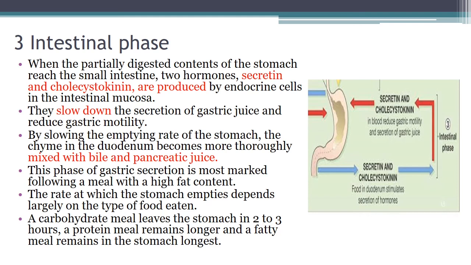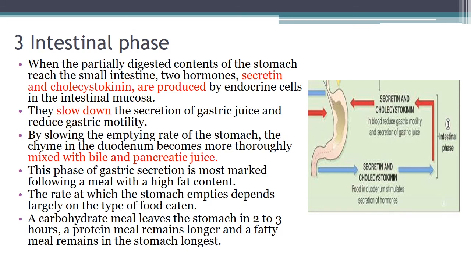Now the third phase, that is the intestinal phase. In the intestinal phase, the food will enter the intestine and two hormones will be active, the secretin and cholecystokinin, which are produced by the endocrine cells in the intestinal mucosa.